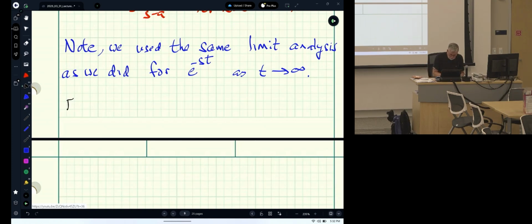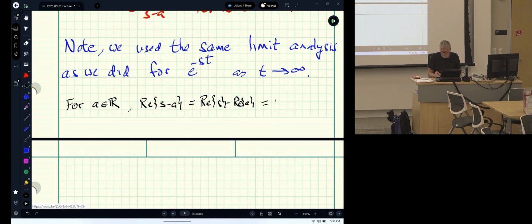So let's just note, when a is real, the real part of s minus a is the real part of s minus the real part of a, which is just the real part of s minus a.